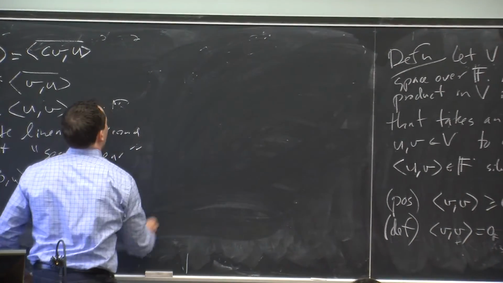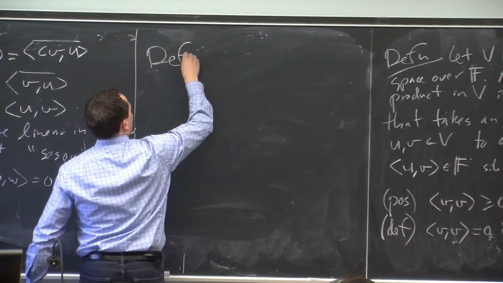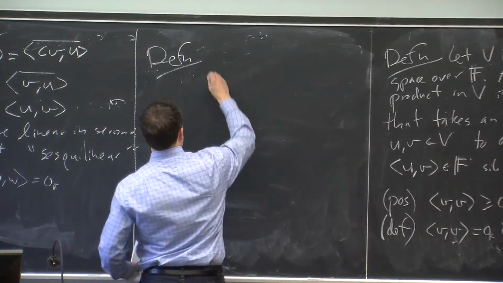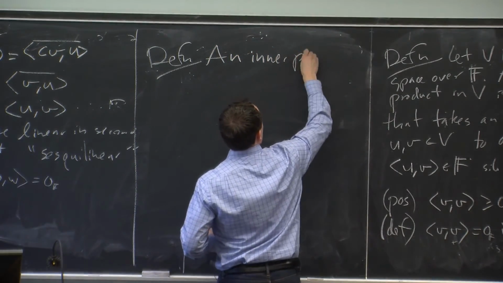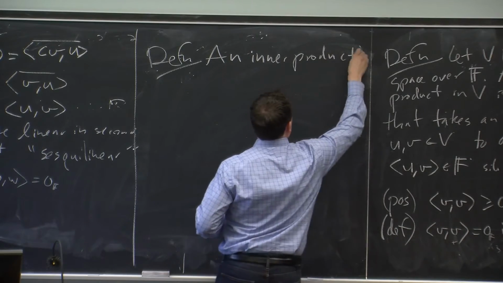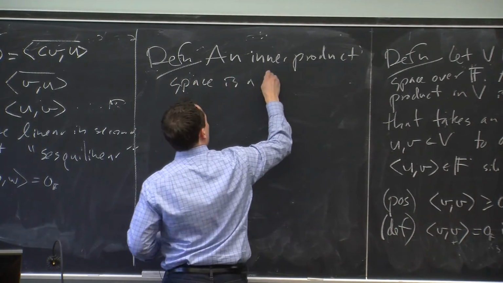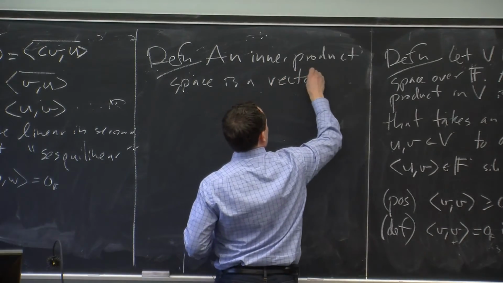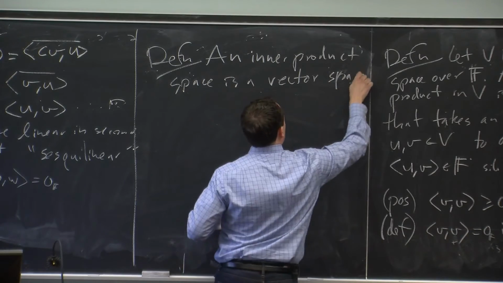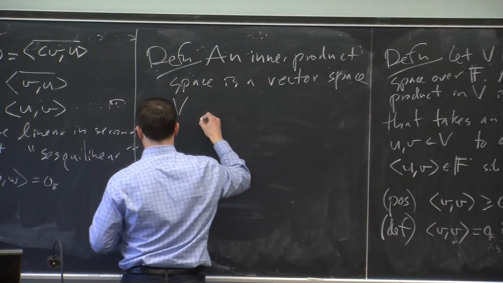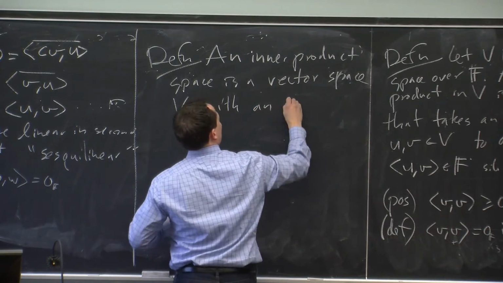And a vector space equipped with an inner product is called an inner product space. Complex or real vector space V with an inner product, sesquilinear inner product, but that's the only kind we have.